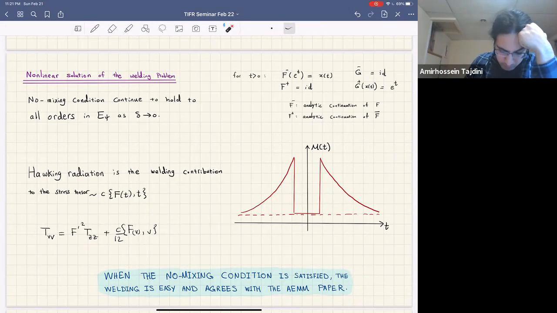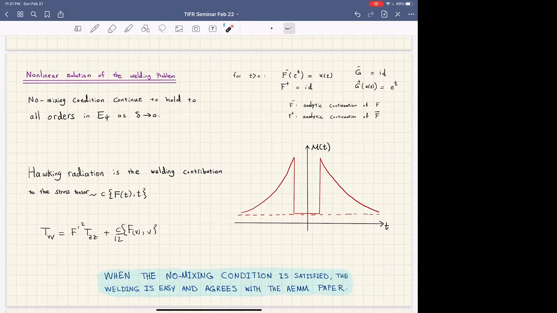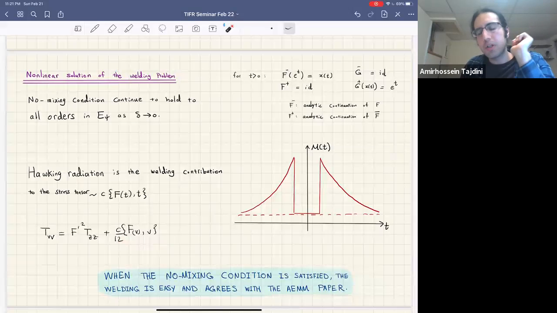What will happen is this term, which was the stress tensor in the z-plane, which was the flat z-plane, will give you exactly the delta function due to the shock once you take this delta to 0. And this term, which was coming from the conformal anomaly, exactly gives you the term responsible for Hawking radiation.